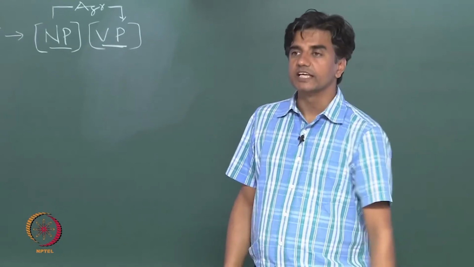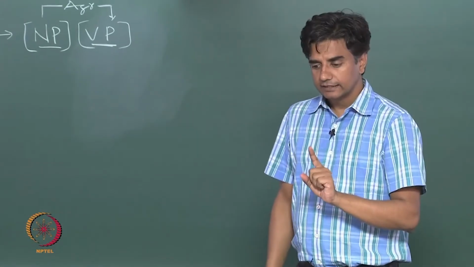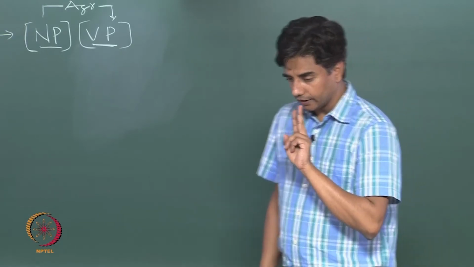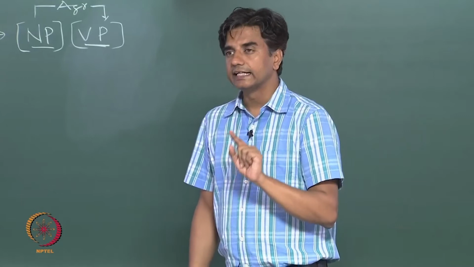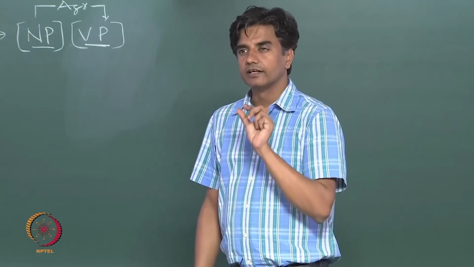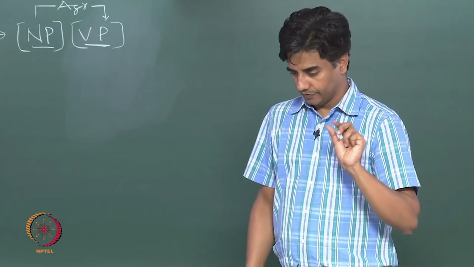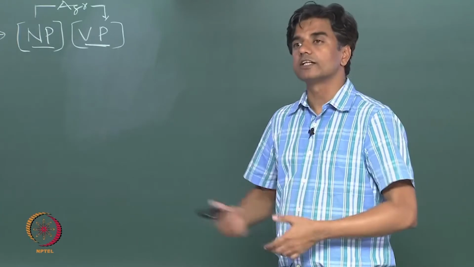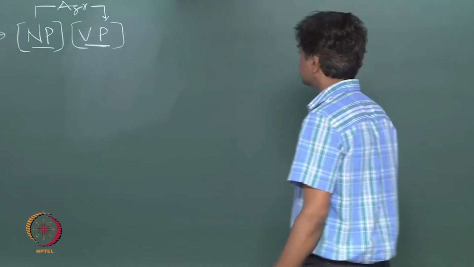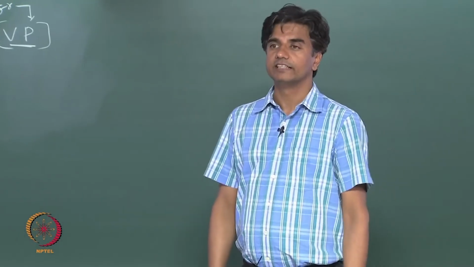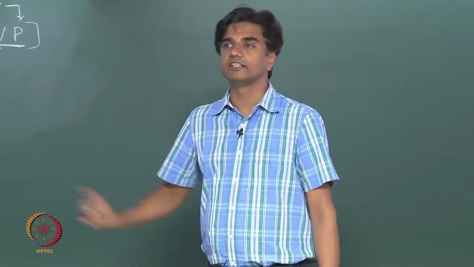And this is where you can see that an element literally moves outside. So Larson further proposes that the subject NP originates within VP but does not remain within VP all the time.